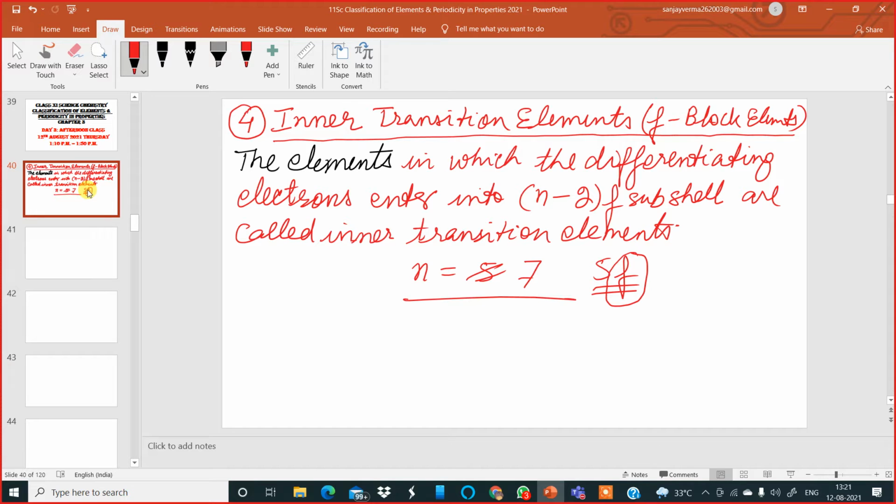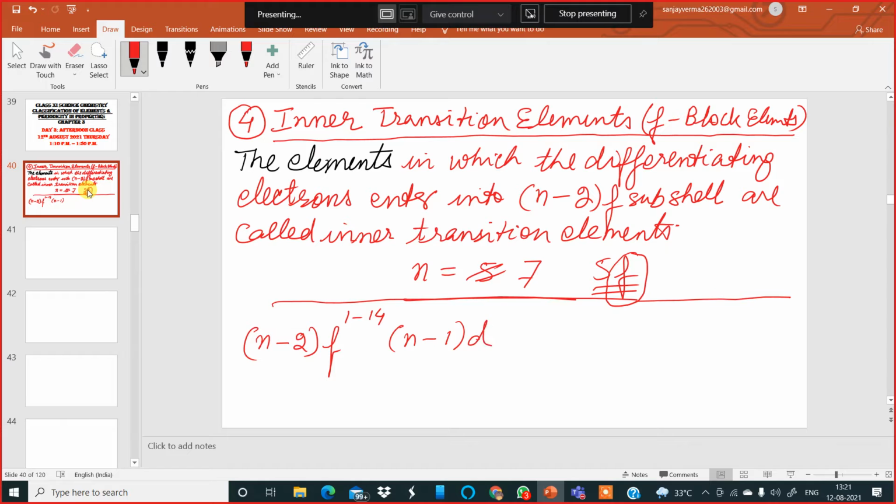Now, I have told you in one of my previous classes, these elements, the inner transition elements, possess a general electronic configuration of the type: n minus 2 f 1 to 14 electrons, then n minus 1 d subshell 0 to 1 electron, and the ns subshell is completely filled with 2 electrons.